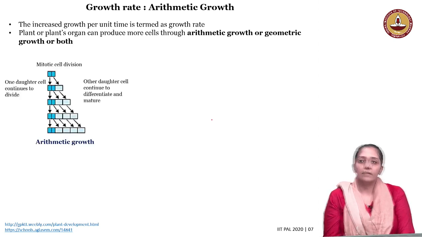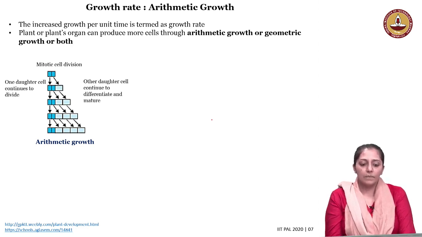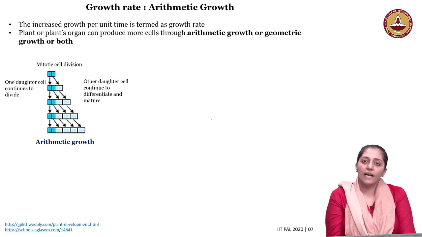Now, let us understand what is arithmetic growth and under what conditions you can assume that it is arithmetic growth. In mitotic cell division in plants, one of the cells which has divided will continue to mature and differentiate, while the other cell will continue to divide using mitotic division.